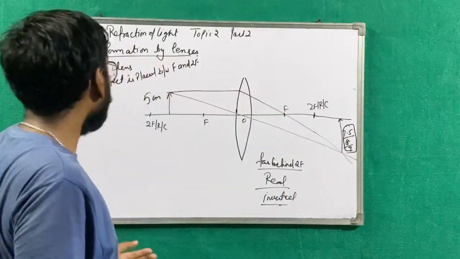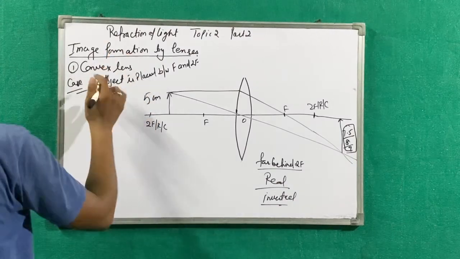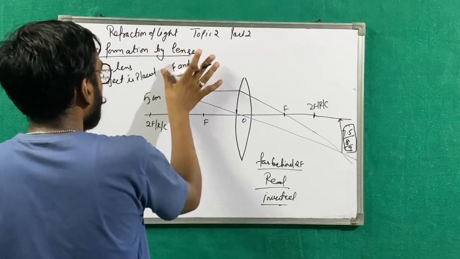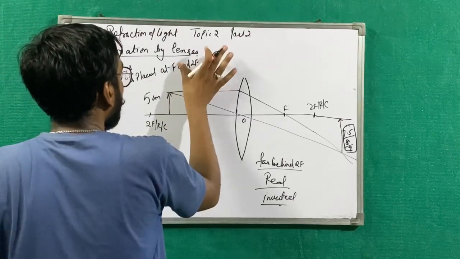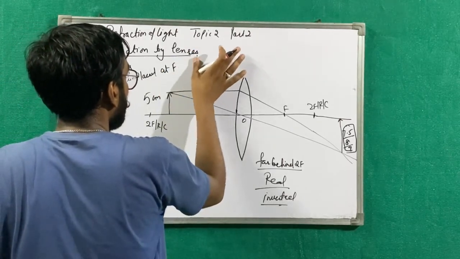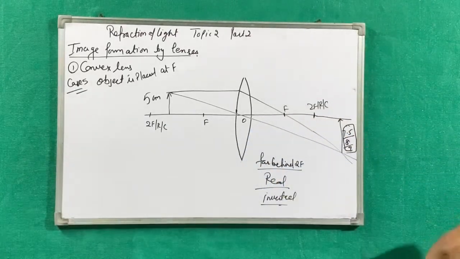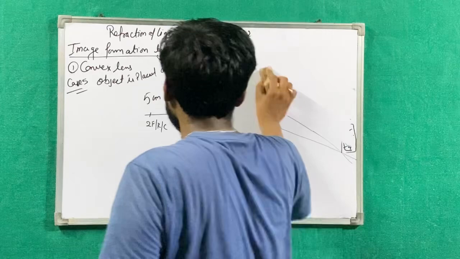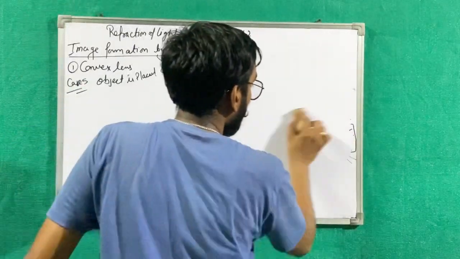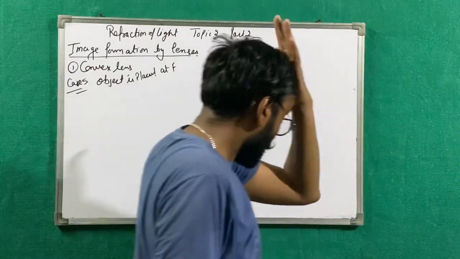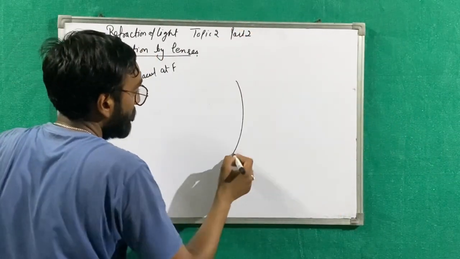Okay. So the next case will be your case number 5. The object is placed at f. If the object is placed at f, what is going to happen? For that it is going to be a different image.